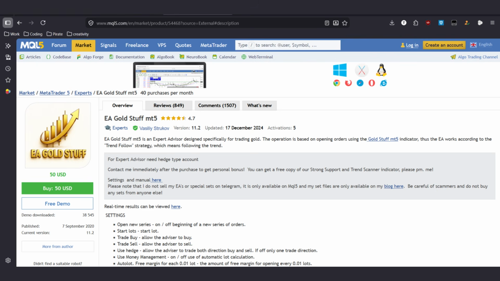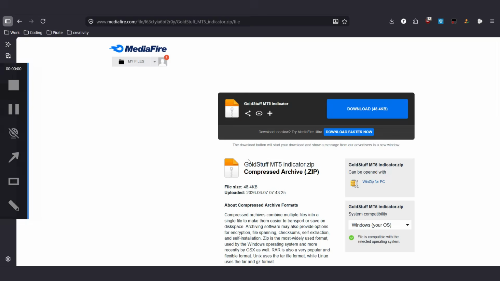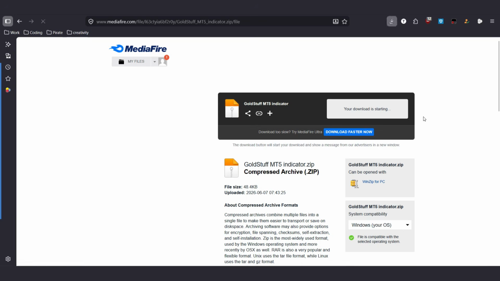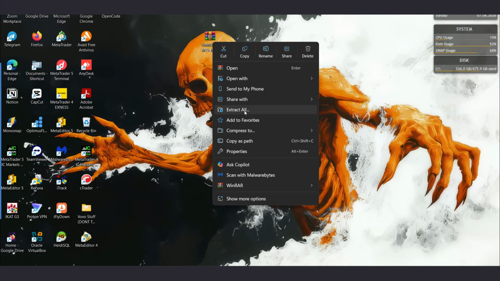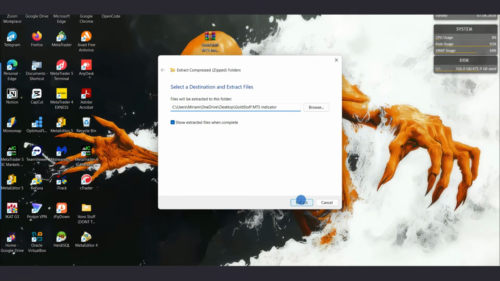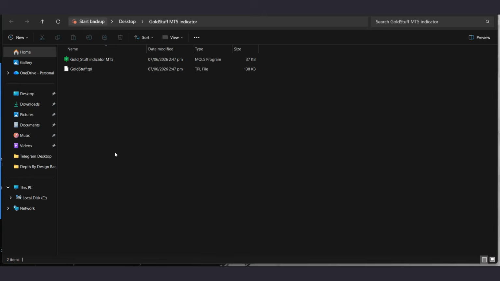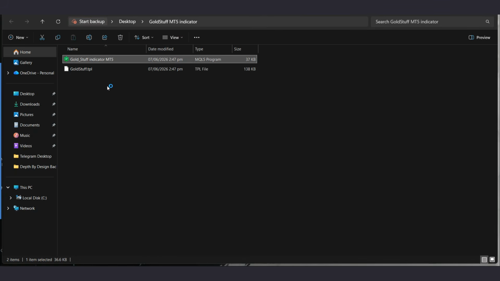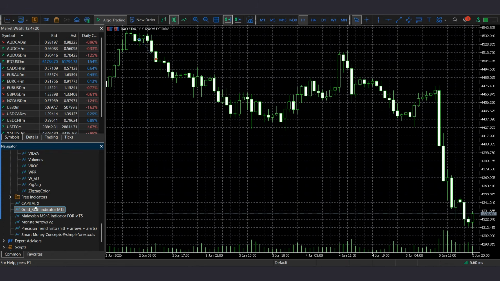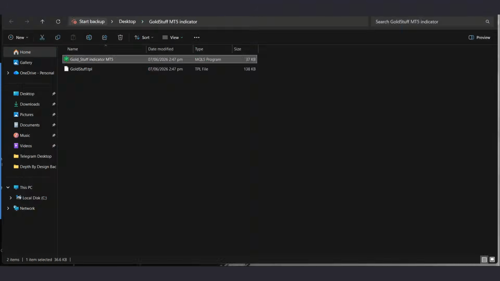Then yes, this is how you install it for free. Download the indicator in the description below. Extract it. Right-click and press open. It should automatically be open on your trading platform. Next, take this file. I'll explain it later.